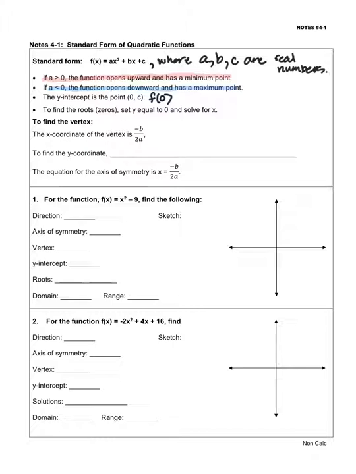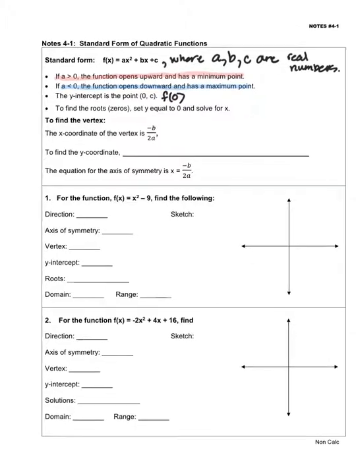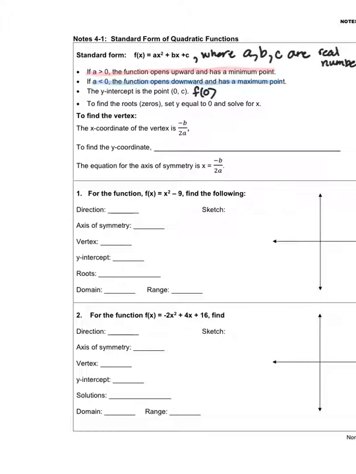To find the roots or the zeros, or the x-intercepts or the solutions, you're going to set y equal to 0 and solve for x, which means you may have to do some factoring. Now, to find the vertex, and this is critical, the x-coordinate of the vertex is equal to negative b over 2a. That's equal to the x-coordinate of your vertex.